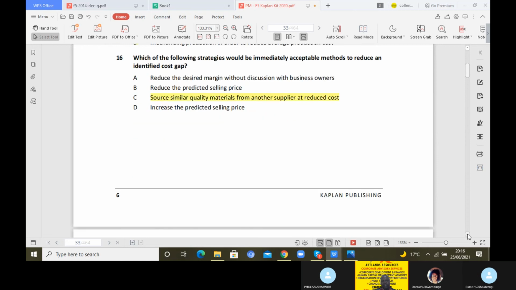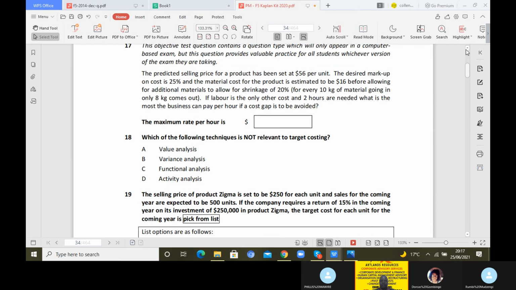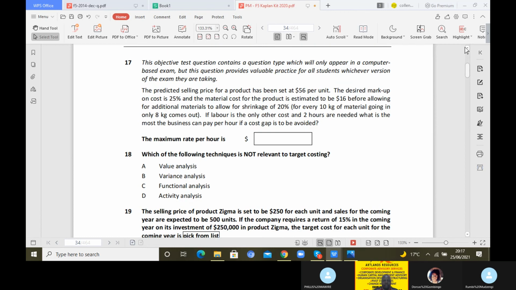So you can see this is how all these are past exam questions, mind you. Now, question number 17 says, the predicted selling price for a product has been set at 56. The desired markup is 25%.